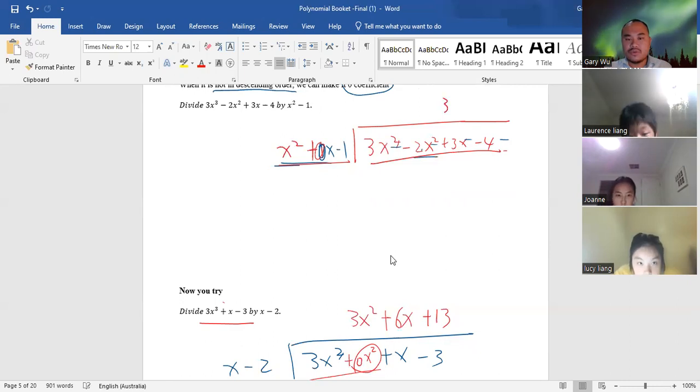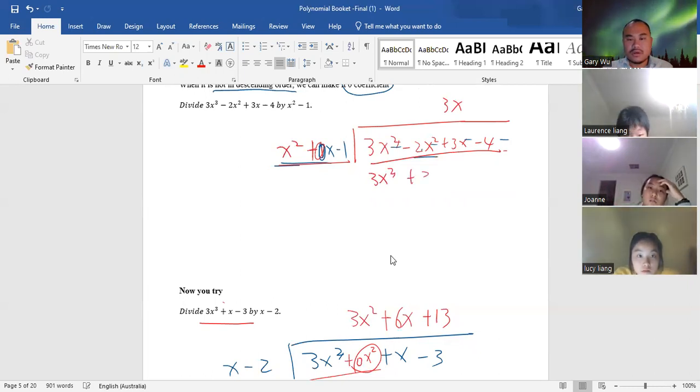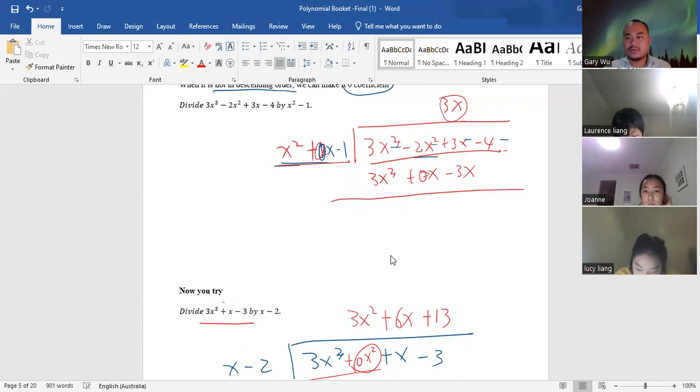So that would be 3x here, right? 3x, so that would be 3x squared cubed, plus, so this one times 0 still becomes 0, okay? And then minus 1 minus 3x. Yep.